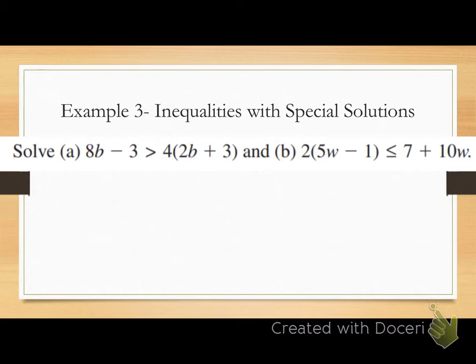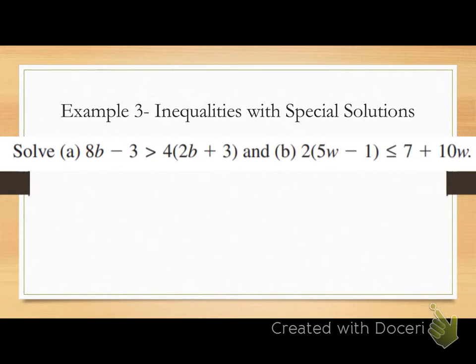Okay, letter A. We have 8b minus 3 is greater than 4 times (2b plus 3). Raise your hand if you have an idea of what I need to do first here. Distribute. Very good. Everyone know how to do distributive property?